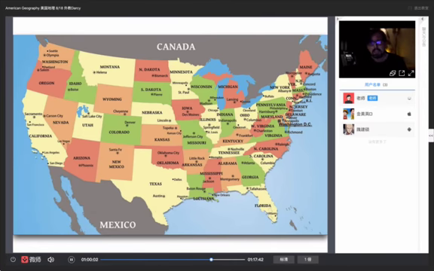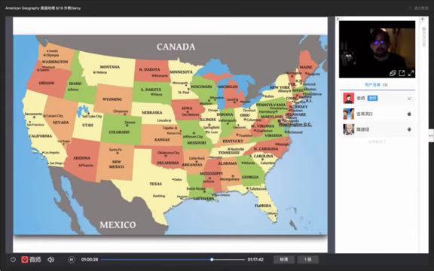Maryland, Annapolis. Washington, D.C. Richmond, Virginia. North Carolina, Raleigh. South Carolina, Columbia. Atlanta, Georgia. Tallahassee, Florida. Montgomery, Alabama. Nashville, Tennessee. Frankfort, Kentucky.